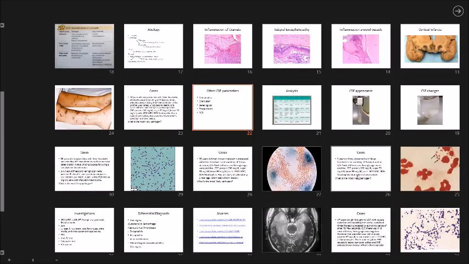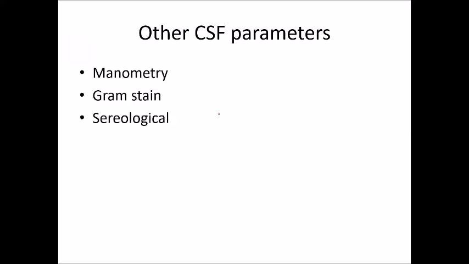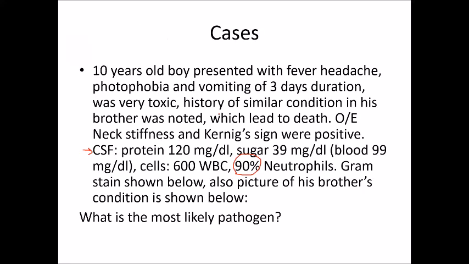Let's go here. So slides. Yeah, let's see the CSF changes. The parameters of CSF will have manometry first to measure CSF pressure, then Gram stain, then we go to serological tests, can use procalcitonin, PCR as the last test.